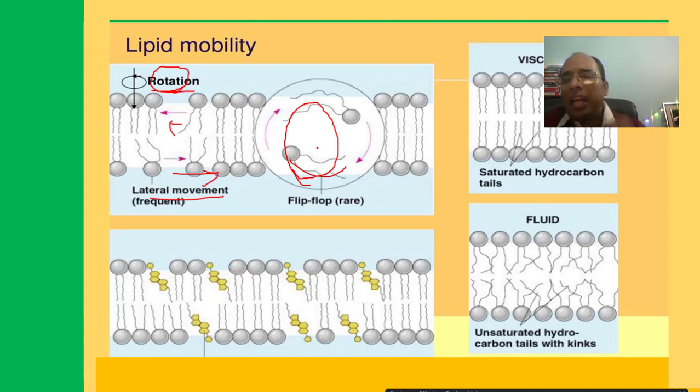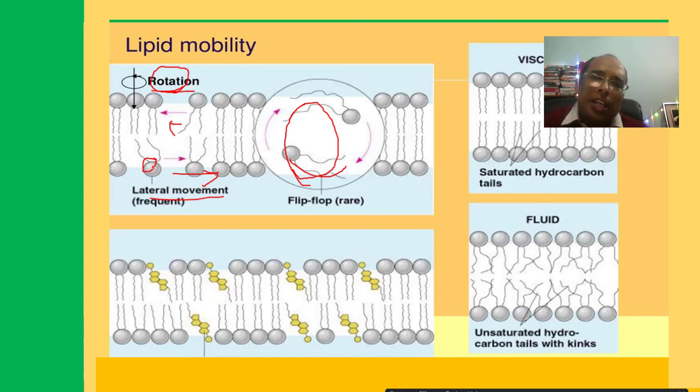So the cell membrane is dynamic. Dynamic means it can change from one state to another state; there is movement.